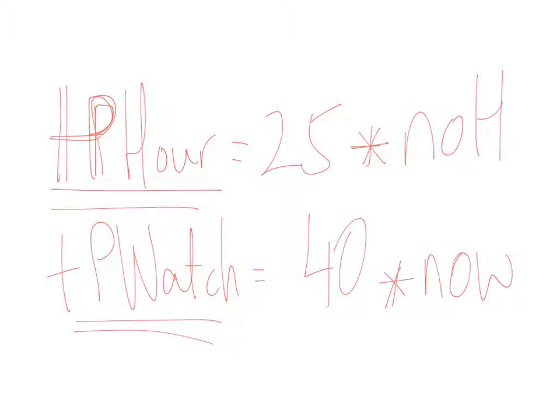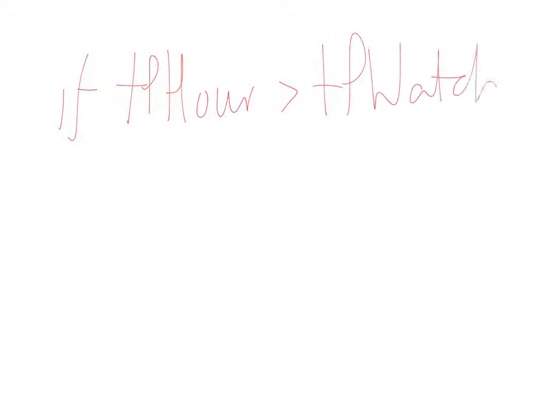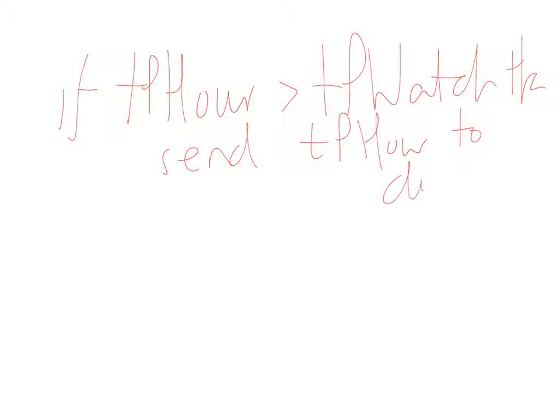Now, with the display, whichever one is the higher as an output. If total per hour is greater than total per watch, then send total per hour to display.